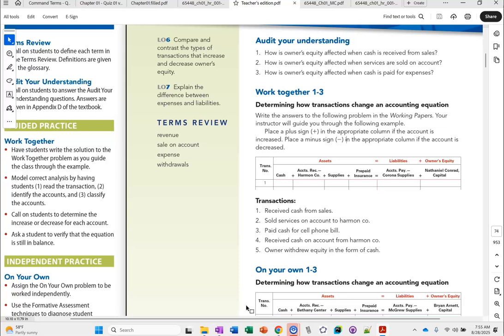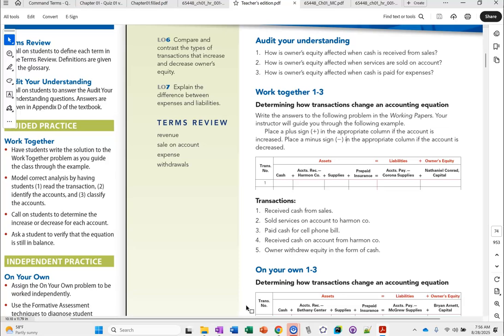So remember, sales are going to increase equity and expenses decrease equity. You're putting a plus sign in the columns that increase and a minus in the columns that decrease, and nothing if it just stays the same. So in the first row, I would have a plus in cash and a plus in the capital.